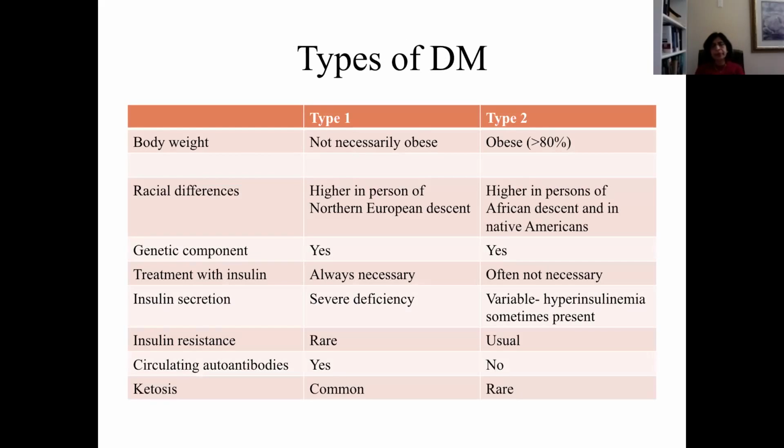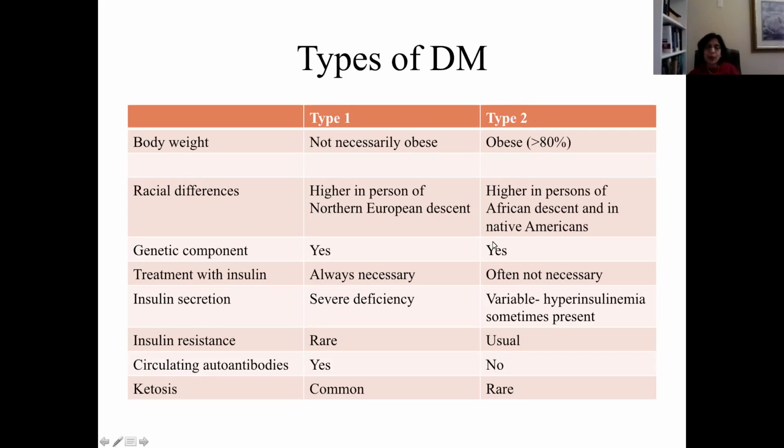Okay. Here is a beautiful comparison of type 1 and type 2. Type 1 is not related to obesity, whereas type 2 is. About 80% or more of the patients with type 2 diabetes are obese.